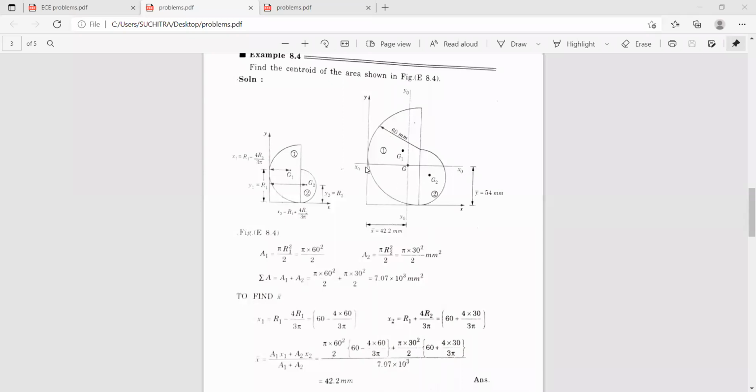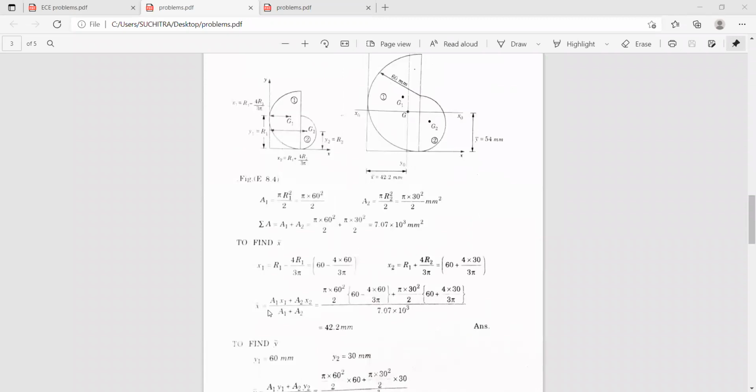So here it is 60 plus 4r2 by 3 pi. You can see here x2 is r1, the radius of this circle, 60, plus this distance 4r by 3 pi. So we'll get the values of x1 and x2.